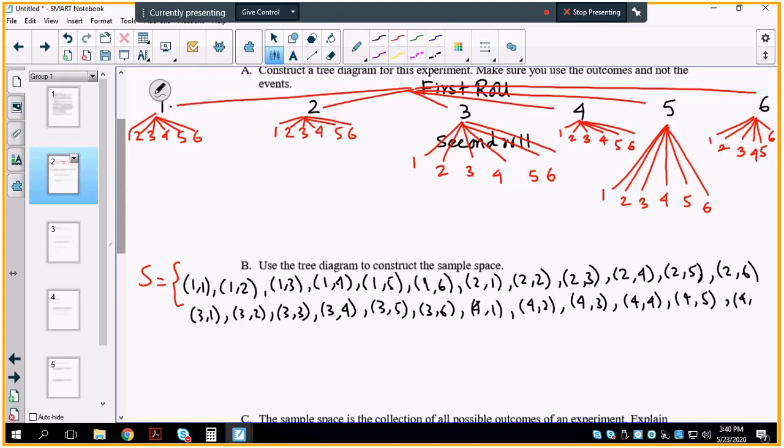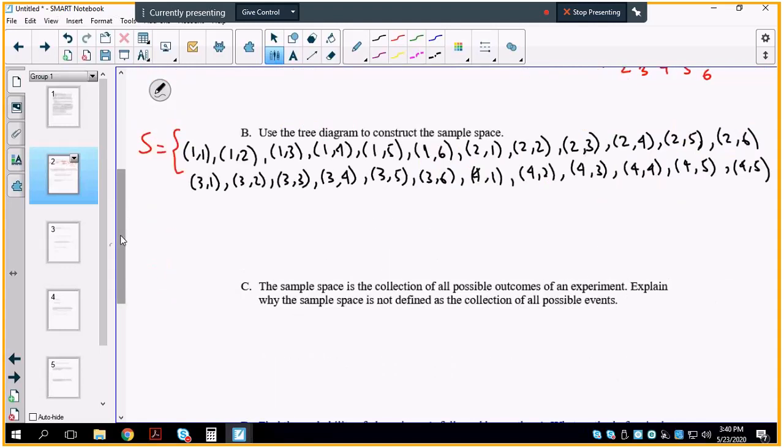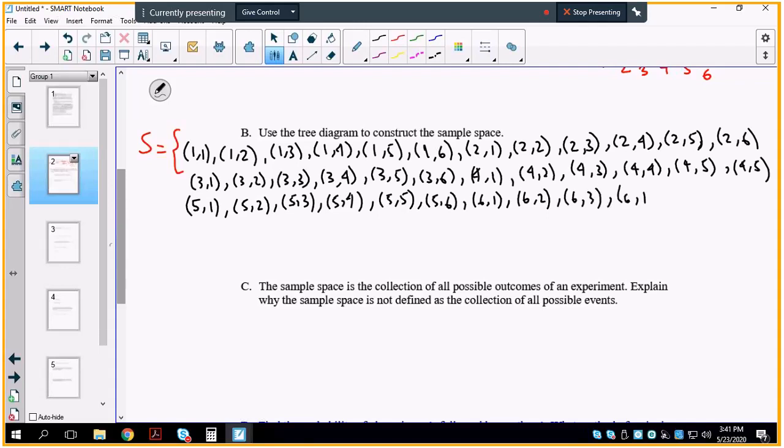I have 12 more to go. I will start with 5 now. (5,1), (5,2), (5,3), (5,4), (5,5), (5,6), (6,1), (6,2), (6,3), (6,4), (6,5), and (6,6). And that's the total sample space.